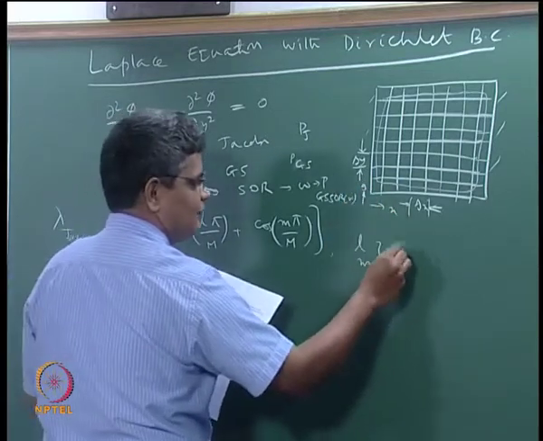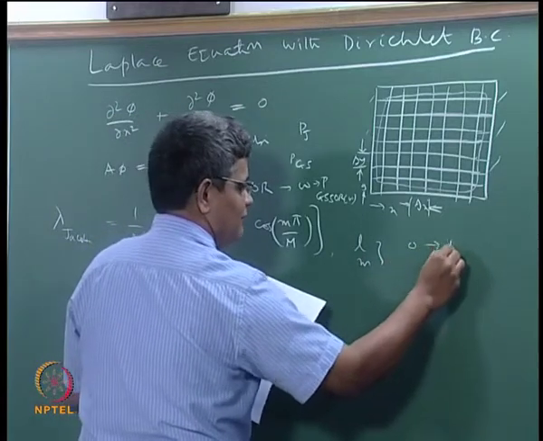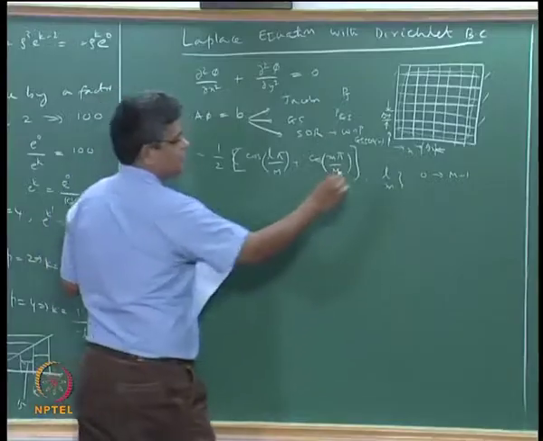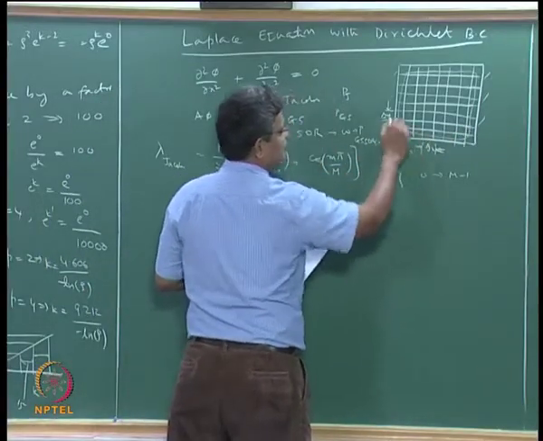Okay, so they take values from 0 to M minus 1, where M is the number of divisions in this direction and this direction.